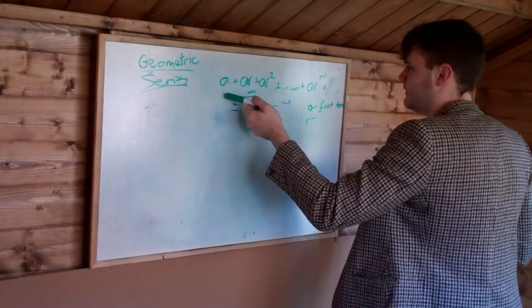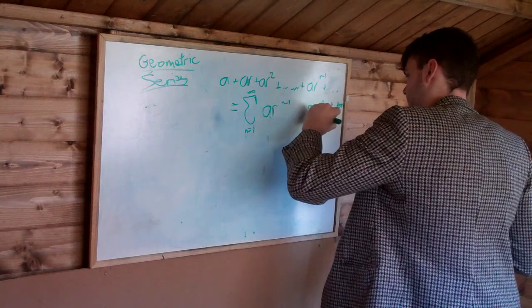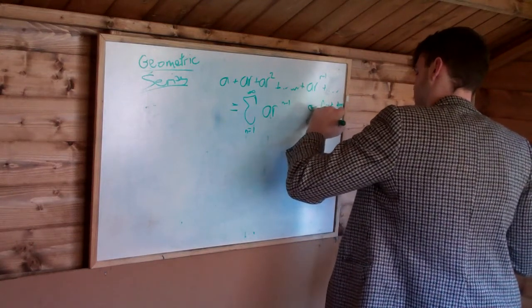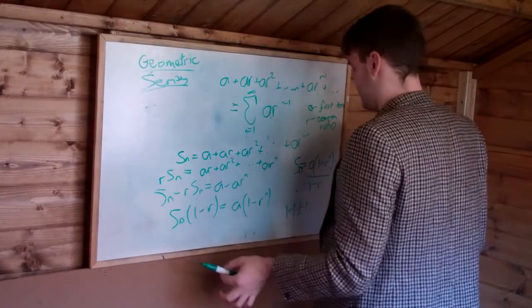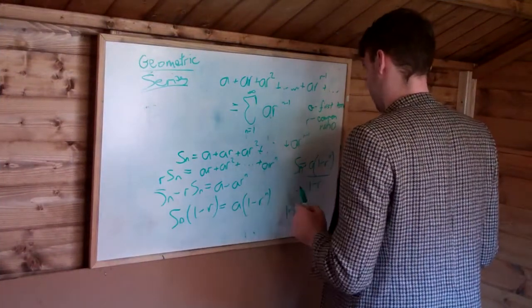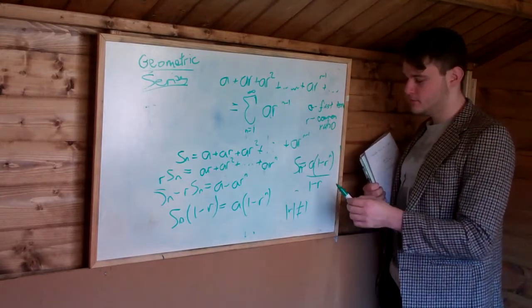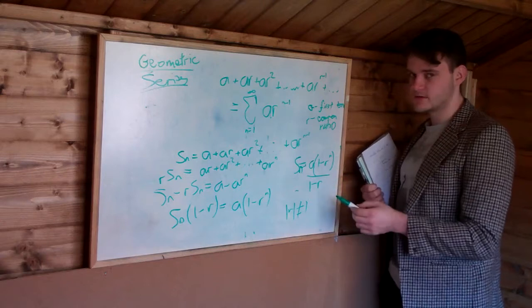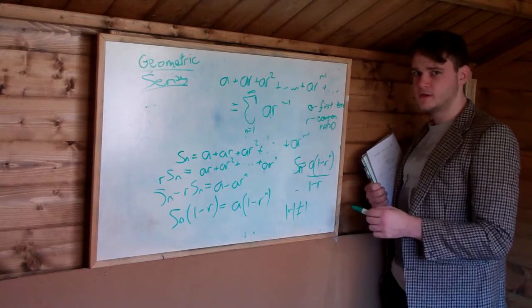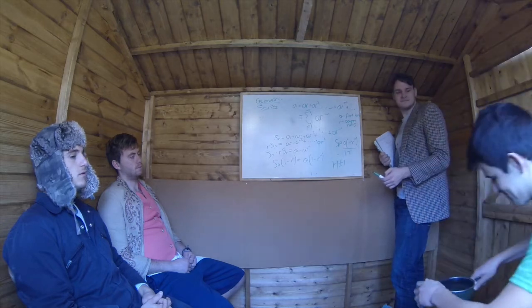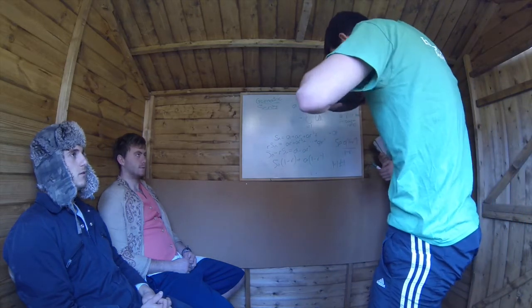So what do you times by to get to the next term? It's the common ratio between terms. From this little miniature proof here, you can see that the sum of the series is given by a, the first term, times 1 minus r to the n, where r is the common ratio, over 1 minus r. Any questions?